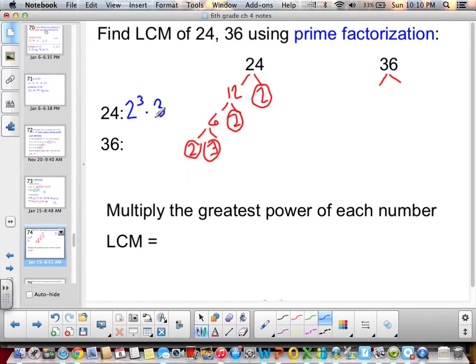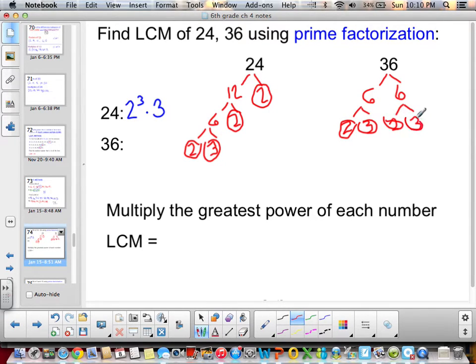For 36, I know that we have 6 and 6 equals 36, and then 2 times 3 equals 6 for both. And they're both prime numbers, so we're going to circle all of that.